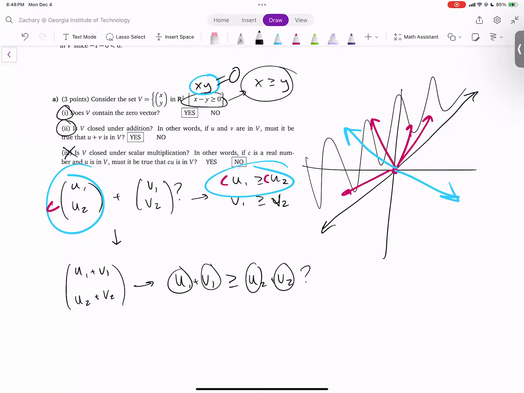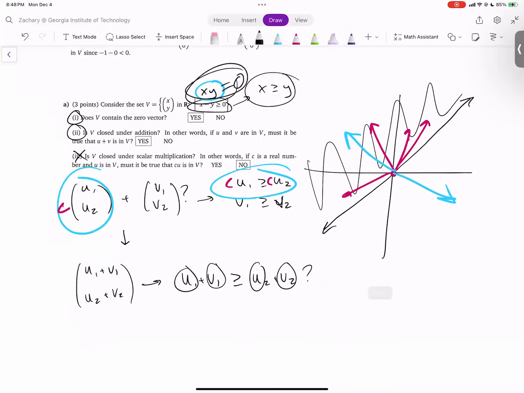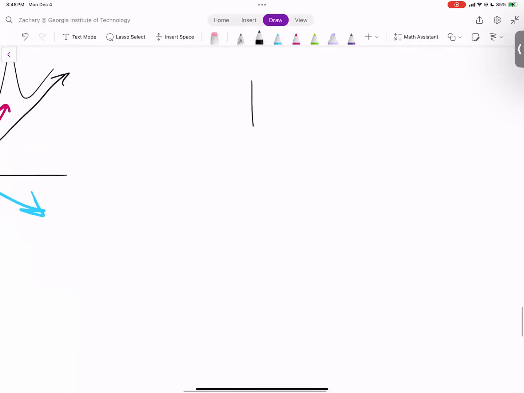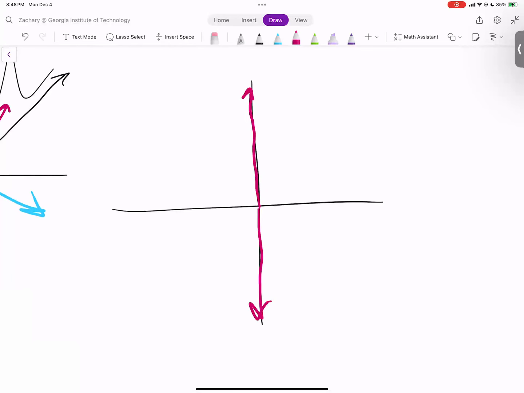So if we were instead solving the other version of this exam, where x times y equals 0, and I were to draw this on a space, that means either x is 0 or y is 0, right? One of them has to be 0 for that to be true. So my space is the axes: x is 0 is the y-axis, and y is 0 is the x-axis.